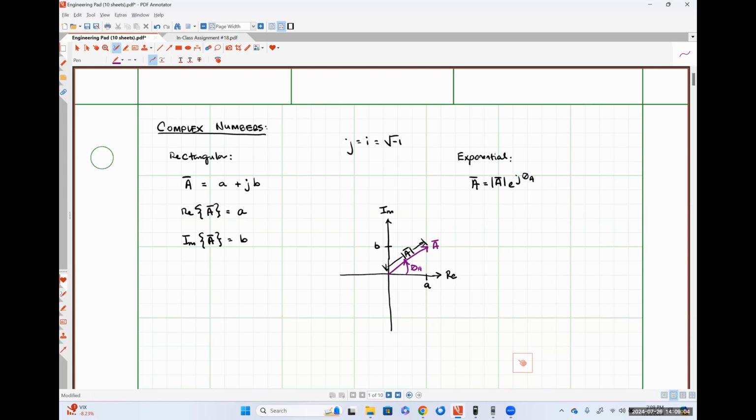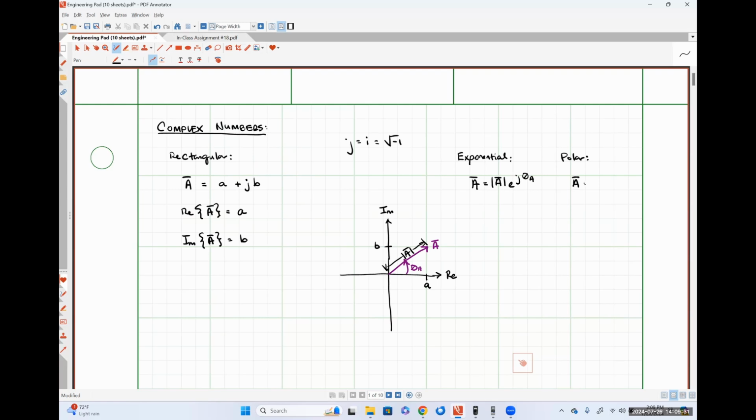So in an exponential form, we don't have a real part and an imaginary part. We have a length and an angle. Now, there's also another way to represent complex numbers, polar form. The polar form is just a shorthand notation for the exponential form.